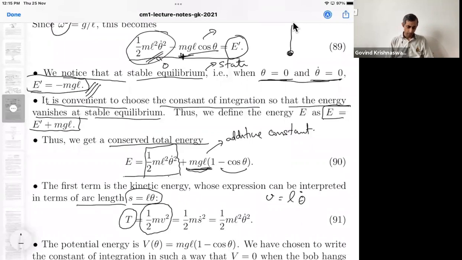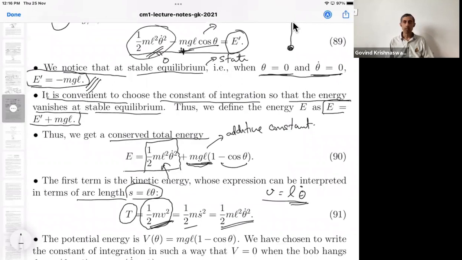So putting that in, we will get half m L squared theta dot squared. That's precisely what we had here. So we could have guessed this kinetic energy simply from half mv squared reasoning. But it is also what we got from the integrating factor.